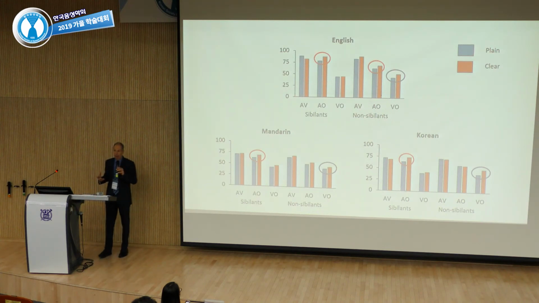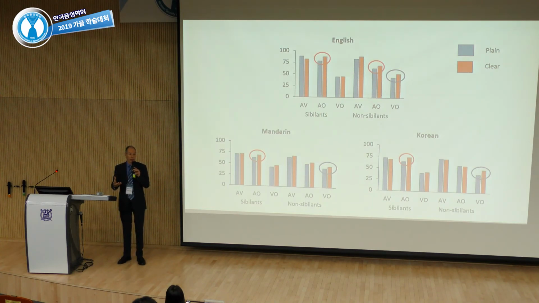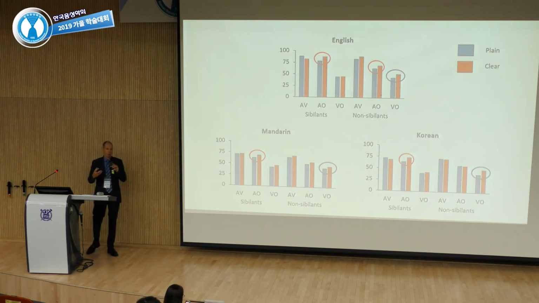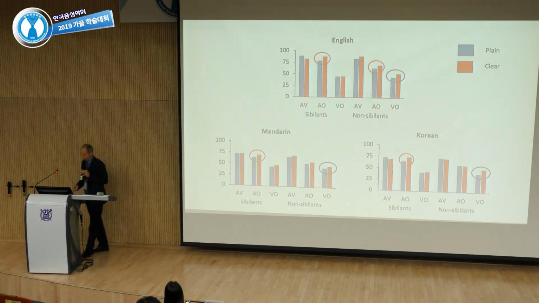Again, that makes sense. You find enhancement in the audio mode for the sibilants, which are acoustically very clearly defined, and you find enhancement for the non-sibilants in the video-only mode, because those are visually very clearly defined. You latch onto what is most prominent, and what is most prominent gets enhanced even more when you produce clear speech versus plain speech.